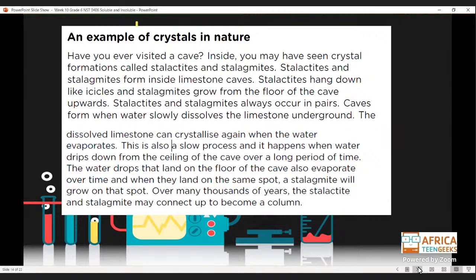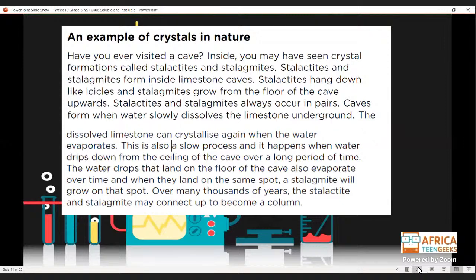Okay, so now how does the cave form in the first place? Well, a cave forms when water goes into a rock regularly, powerfully and consistently over time. The water actually dissolves the limestone underground, and then this limestone can crystallize when the water evaporates.